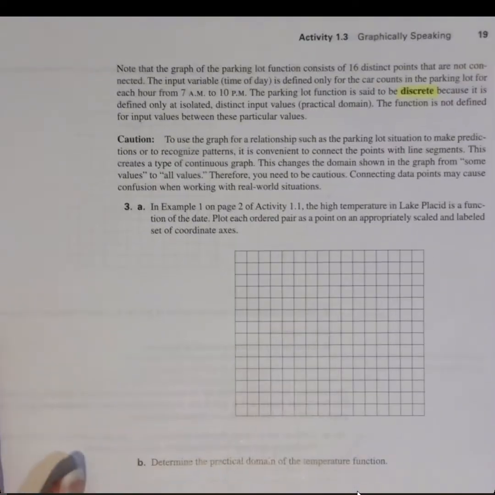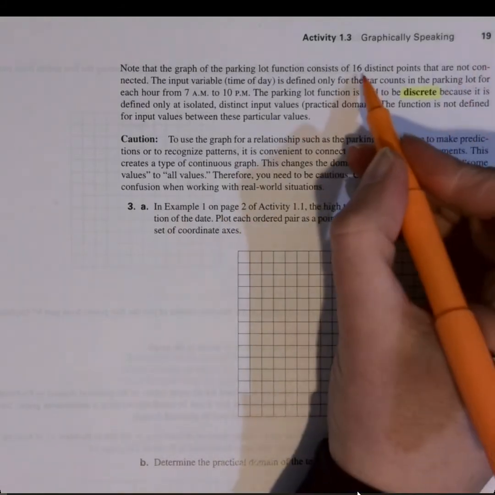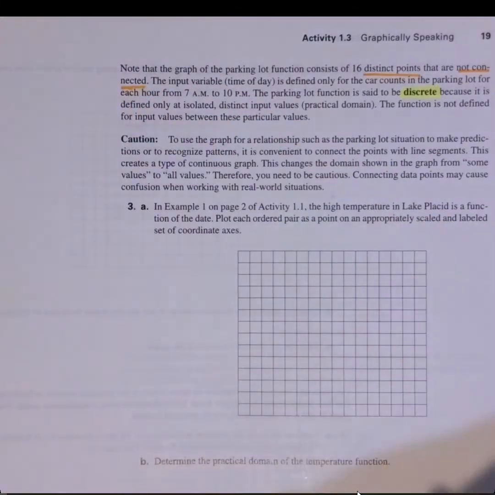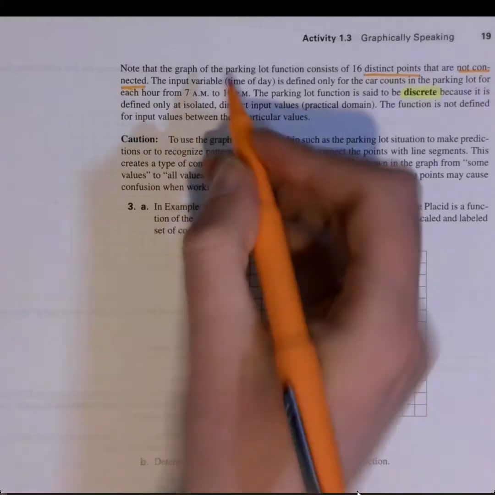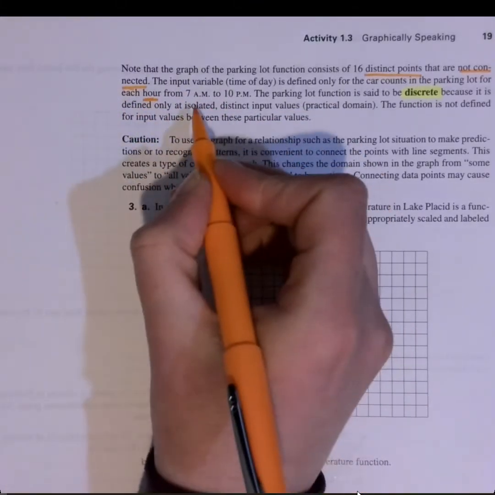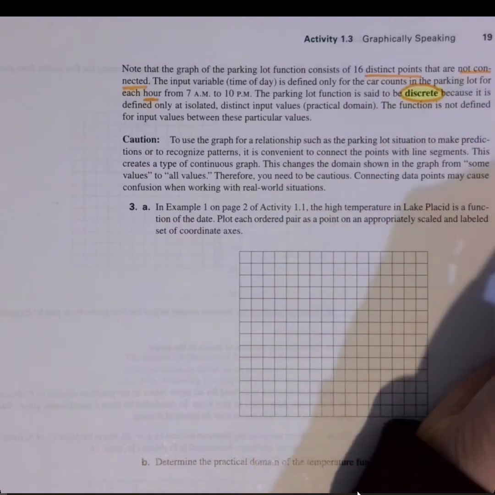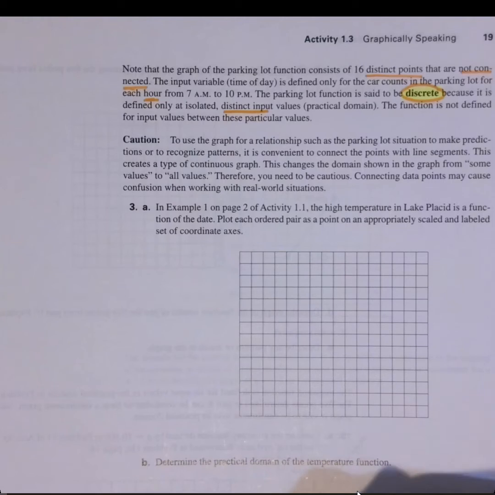Okay, so note that the graph of the parking lot consists of 16 distinct points that are not connected. The input variable is each hour on the hour from 7 a.m. to 10 p.m. And the parking lot function is said to be discrete because it is defined only at isolated, distinct input values.